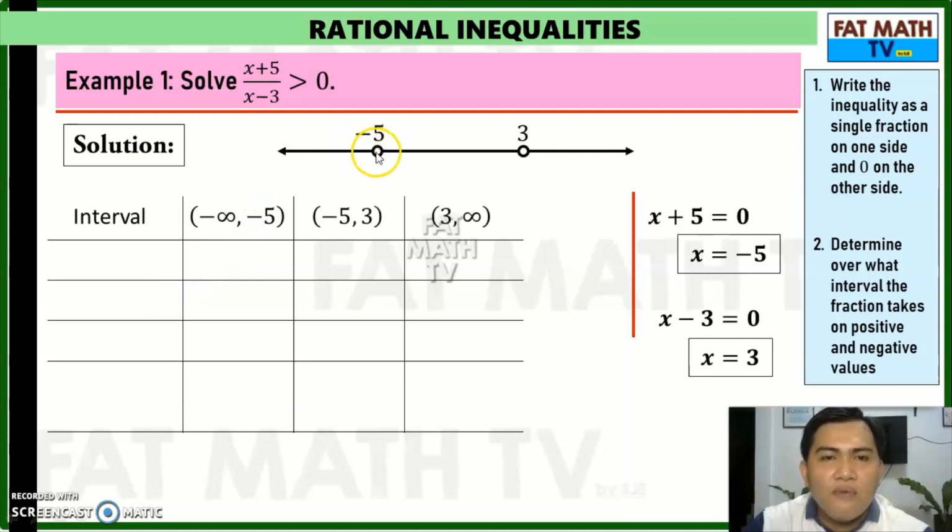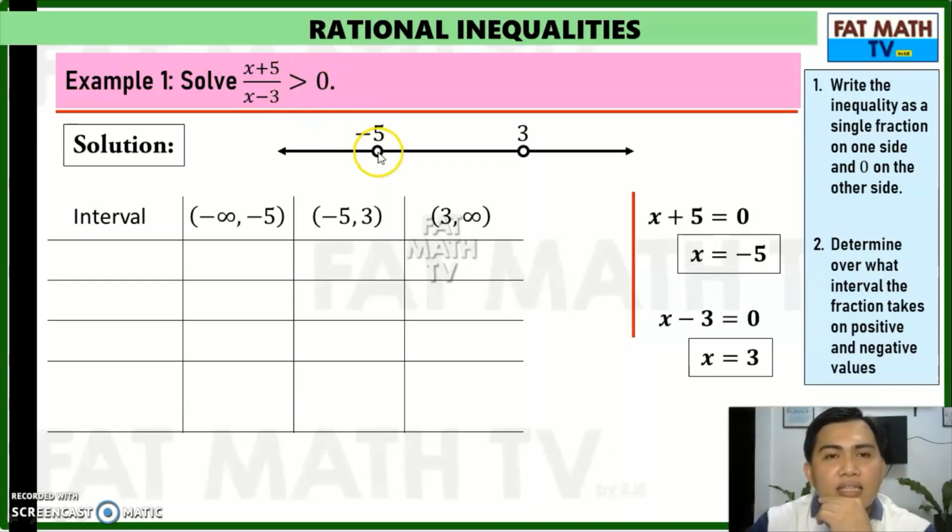The intervals formed by these two critical numbers are negative infinity to -5, then -5 to 3, and then 3 to infinity. We use hollow circles, not solid, because x = -5 will not be part of the solution since this is strictly greater than 0.